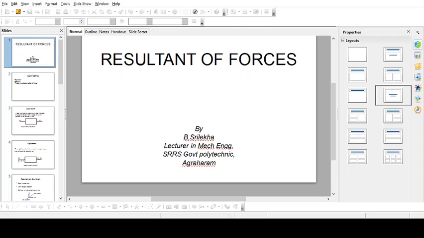Next, we have found resultants and equilibriants by using the resolution of forces. In this, first we represented the diagram: the east side, north side, west side and south side.